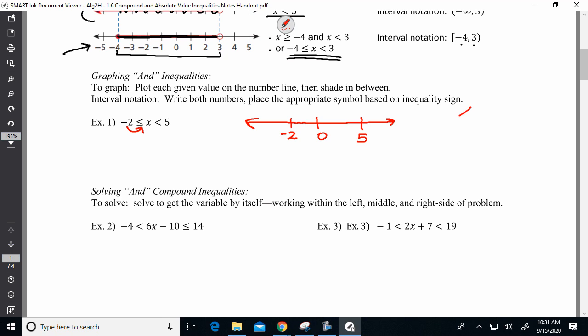So remember, less than or equal to and greater than or equal to get closed circles. Five has a less than sign. Less than and greater than get open circles. Shaded between. There's your graph.